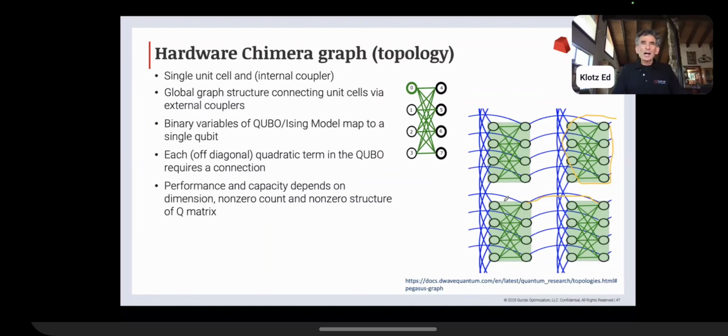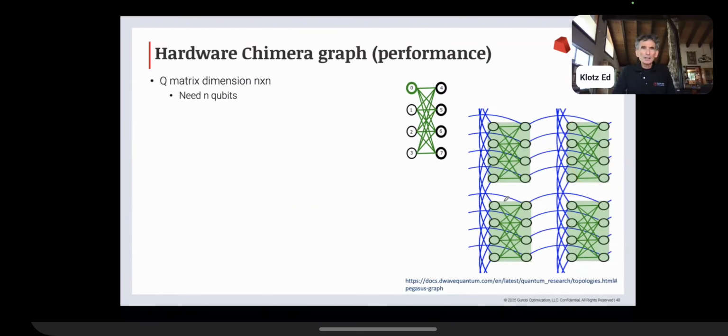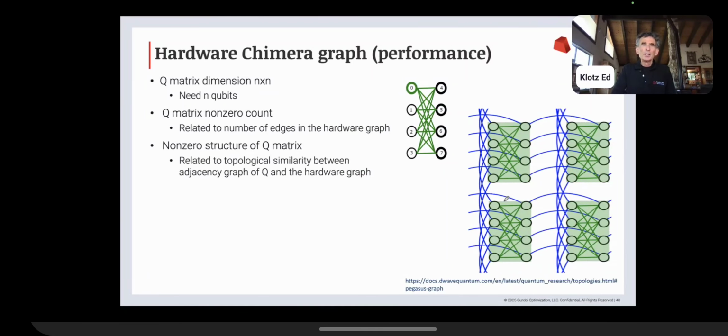So the question is, how do we map a subgraph associated with the non-zeros of the Q matrix into these unit cells along with their intercell connections? What it really relates to is how similar the adjacency graph, also called the logical graph of Q, is to this hardware graph. That's what we need to get a handle on. The more related it is, the easier it is. The less related it is, the harder it is.